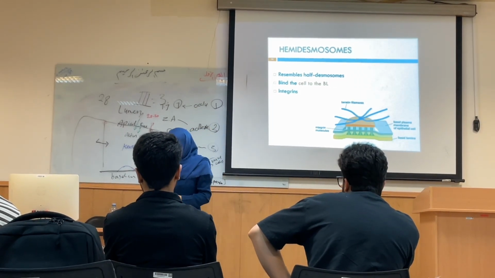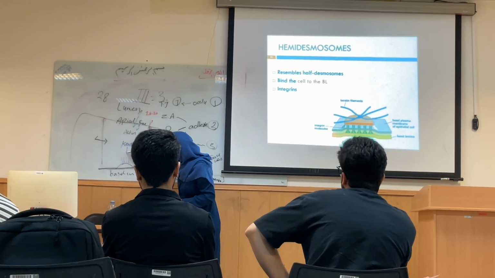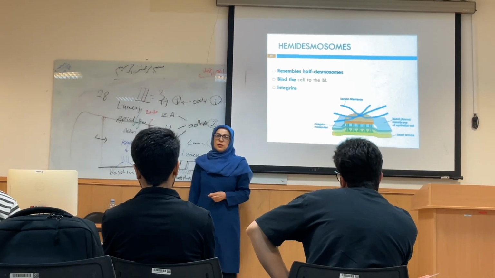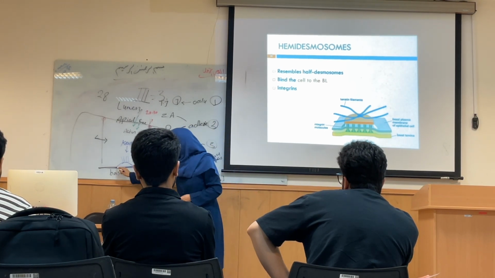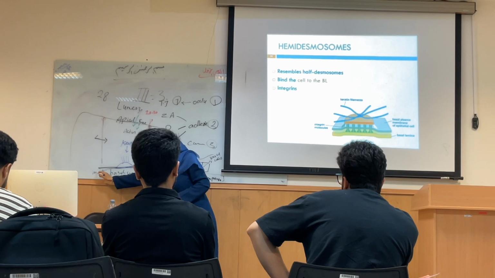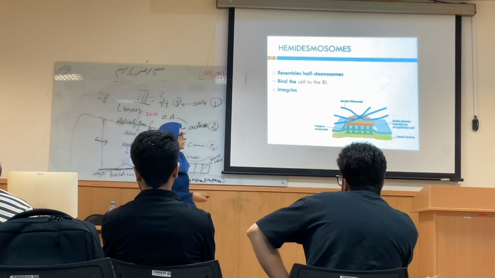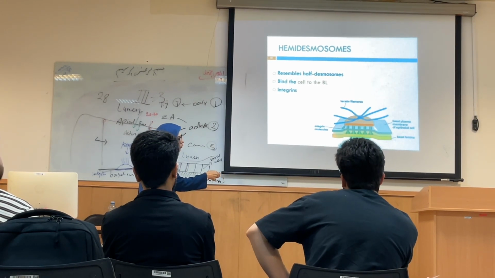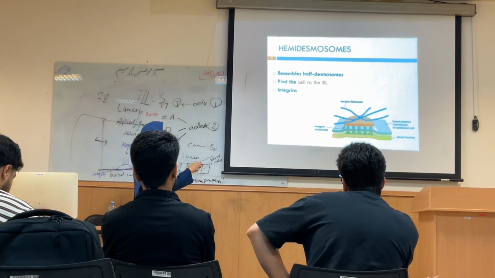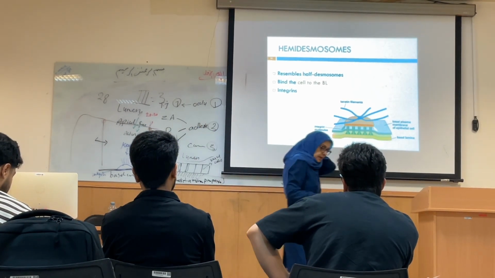The hemidesmosome, like the desmosome, also attaches to keratin filaments or cytokeratin. But here it includes integrin beside the cadherin. Integrin molecules attach this plaque to the basement membrane, bonding the cell to the basal lamina.